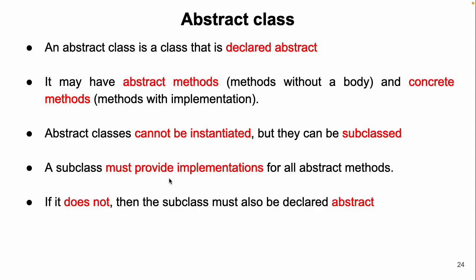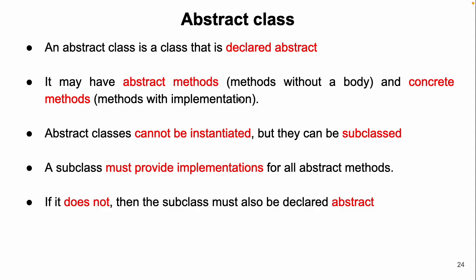A subclass must provide implementation for all the abstract methods. If I am extending this abstract class into a child class or subclass, that subclass should implement all the abstract methods present in the parent abstract class. I already told that a class which is declared as abstract, we call an abstract class, and it may contain abstract methods.